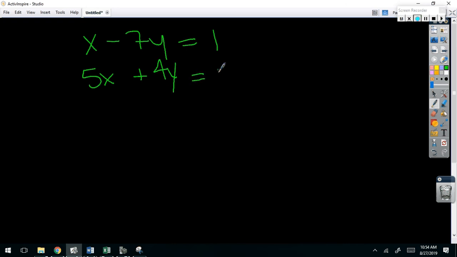All right, one more. Let's look at this one. You tell me what you should use. Substitution. Why? Because x is already by itself.